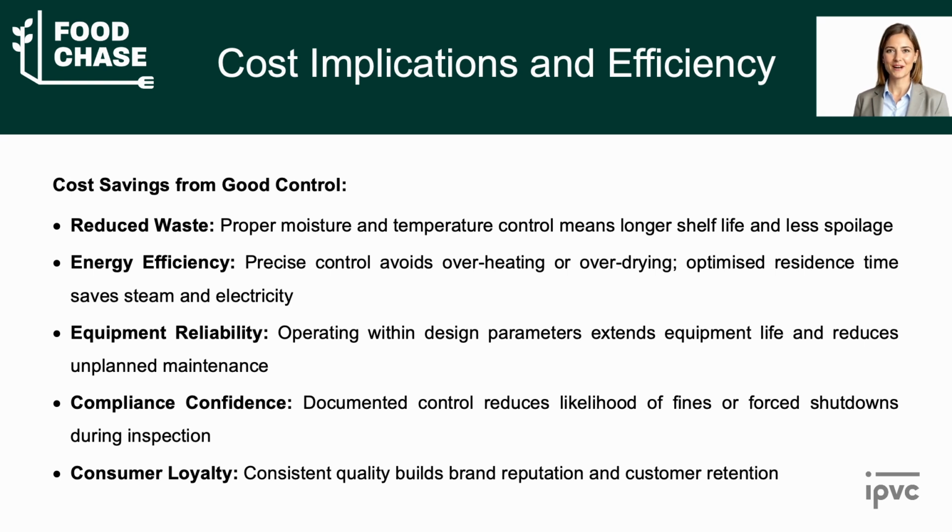If an inspector finds deviations and poor documentation, the facility might be ordered to shut down for remediation, a very expensive proposition. So, in summary, good control of critical parameters is an investment that saves money through reduced waste, reduced energy use, reduced spoilage, reduced risk of recalls, and reduced regulatory risk.